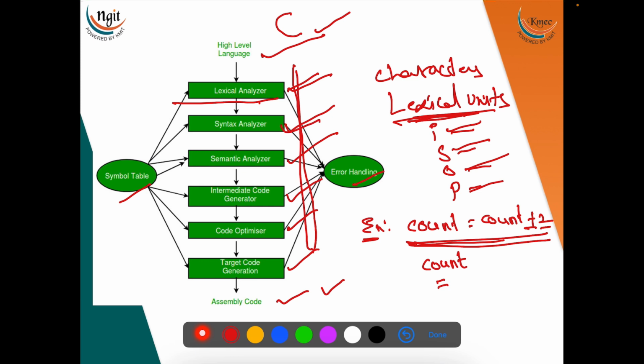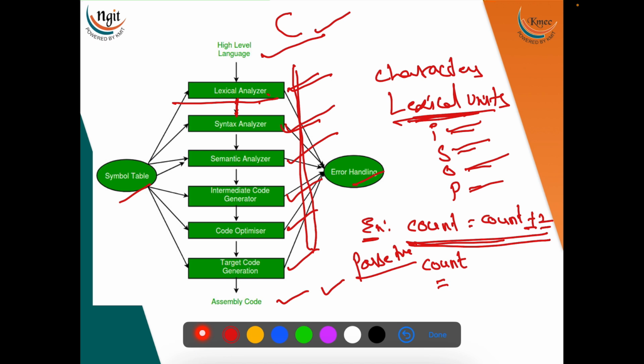Now, the syntax analyzer takes all the lexical units from the lexical analyzer and uses them to construct a hierarchical structure called a parse tree. These parse trees represent the syntactic structure of the program.